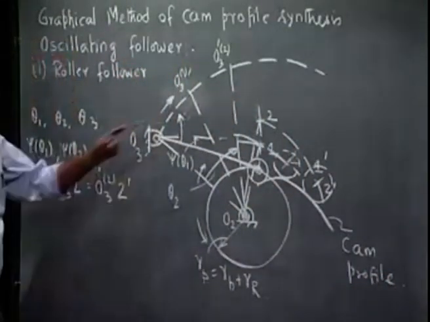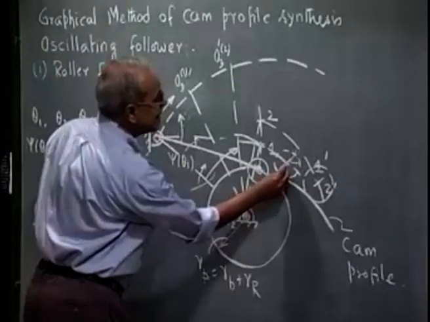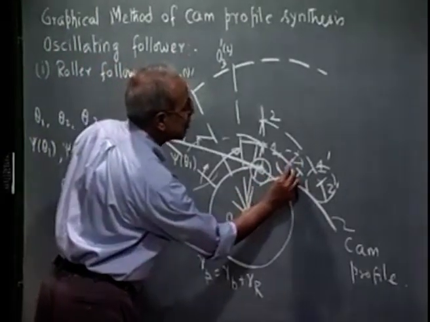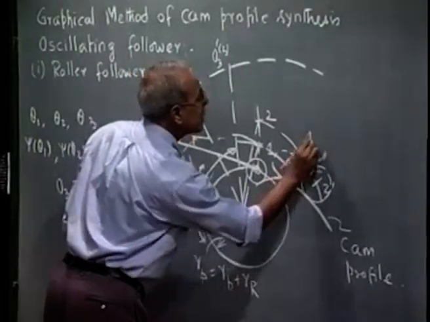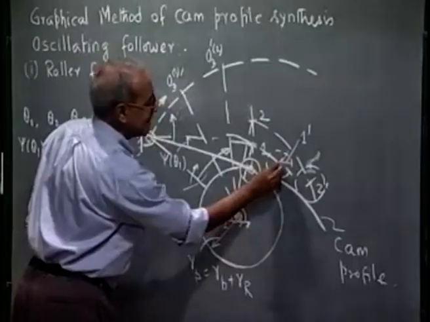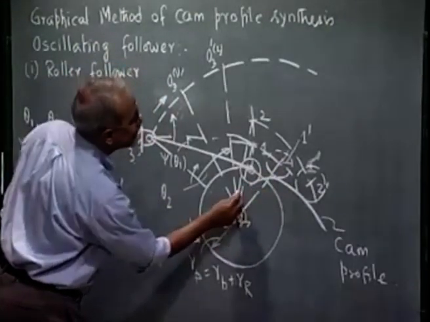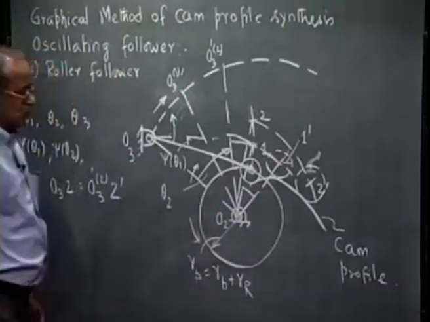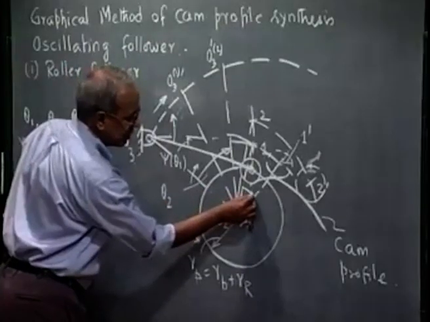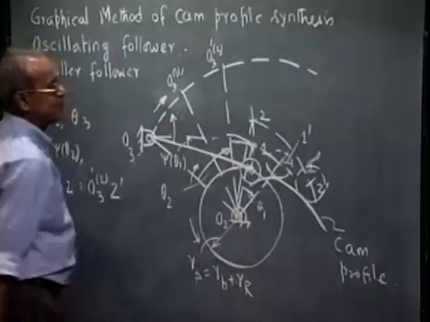In fact, very simple geometrical consideration can show that this point we called 1 prime, I can easily get if I rotate O21 in the clockwise direction by theta 1, I get to 1 prime.